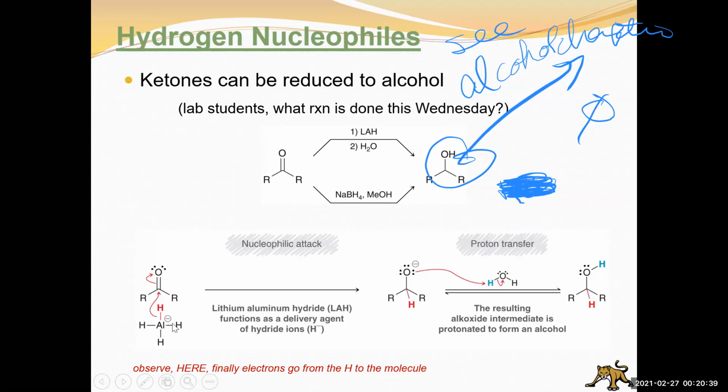Just replace this with sodium borohydride. Oh, there's a sodium ion hanging out. See how that is negative charge? That negative charge attracts the lithium ion. So for the borohydride, just change that to a B, for boron. And it does the same thing.